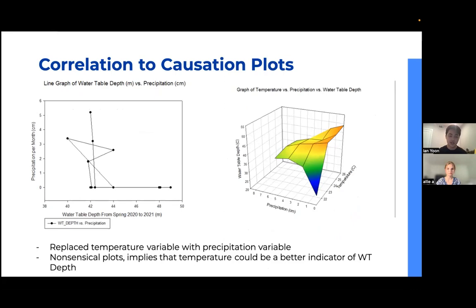We could intuitively guess that if there was more precipitation, there would be a shallower water table height. But if we graph the relationship, we can see that's actually not the case. So we know that precipitation is an invalid variable and that it's more likely to be temperature and urban heat that affects water table depth.